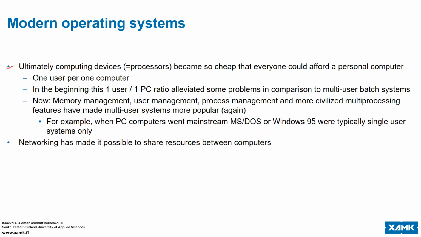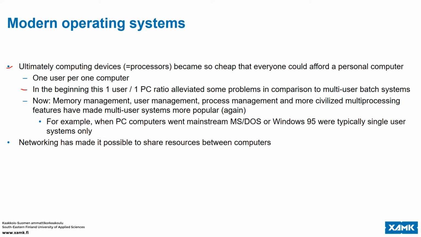This more or less meant some changes to the multi-user batch systems. So operating systems had to adapt to the fact that now users did not anymore have to compete for computing resources. So in the beginning we had a one user, one PC ratio, and later on we had more like one user and multiple PCs, multiple processors.